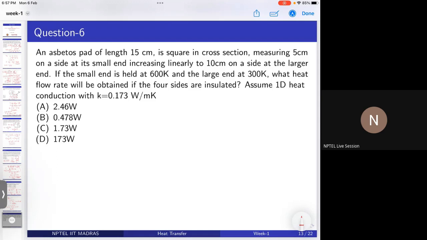The relation of how the area increases from one side to the other is also given. Please attempt these questions. If you think a little bit, you will get this.